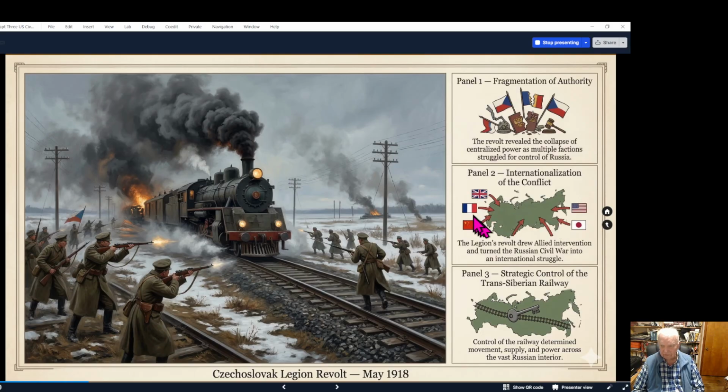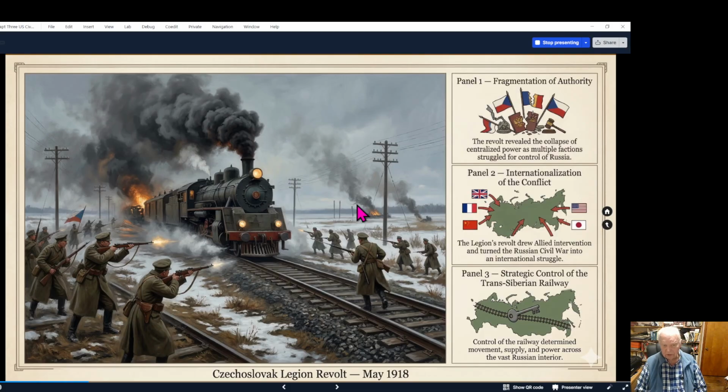The British will have troops, the French will have forces, and even the United States. President Wilson sends in troops, and it also portends the nature of the war that is so different from the nature of the war in the United States. In that, as you can see, all these images again are Gemini generated.